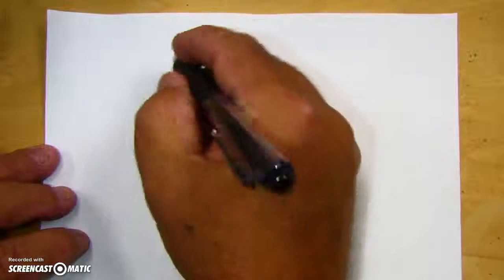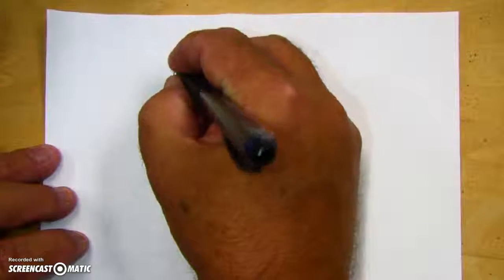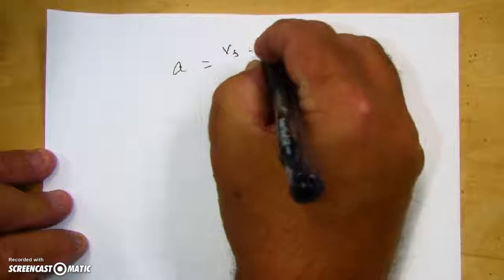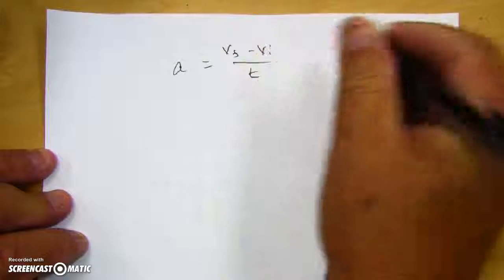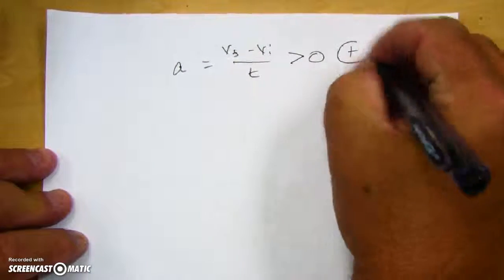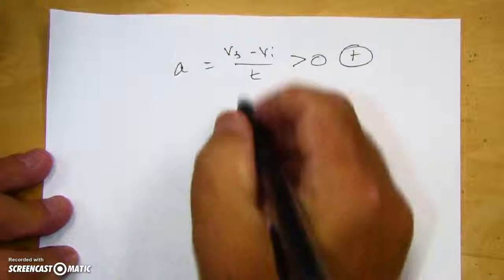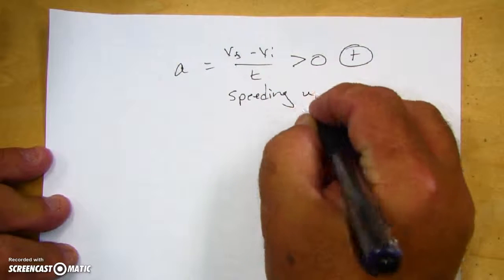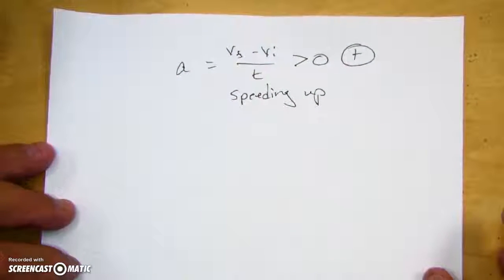Okay, now let's look at where direction comes into effect with acceleration. If I get VF minus VI over T, and that is greater than 0, in other words, positive, that means you're speeding up. That's our familiar way of using acceleration.